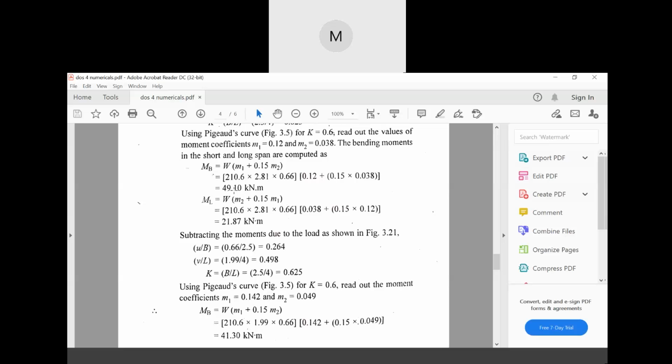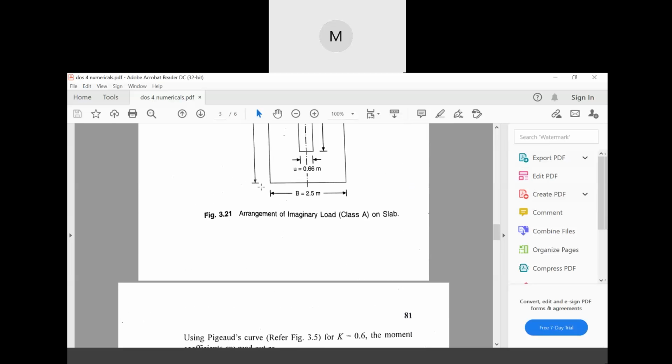Now we'll have to subtract one part. Which part will be subtracted? Look, now we found out for this part.